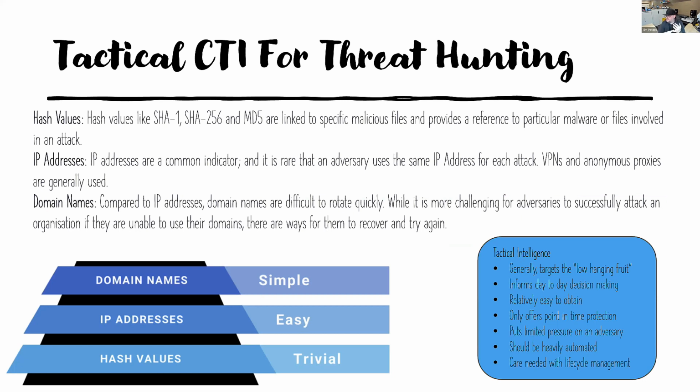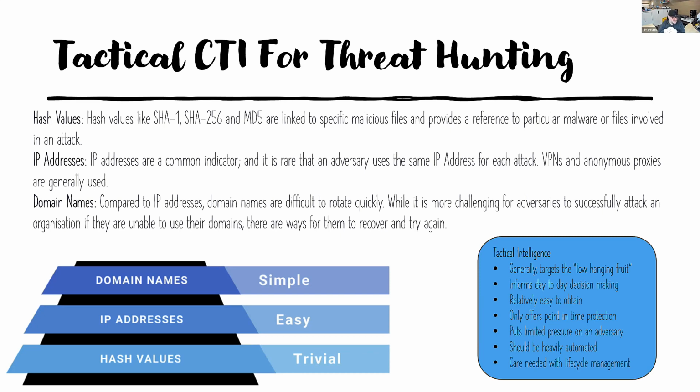They'll use VPNs, Tor exit nodes, proxies and so forth. So having to recycle those IPs quite often is important, because an IP address can change quite quickly. Domain names, whilst a bit harder, they can register new domain names. We've seen that happen at times.